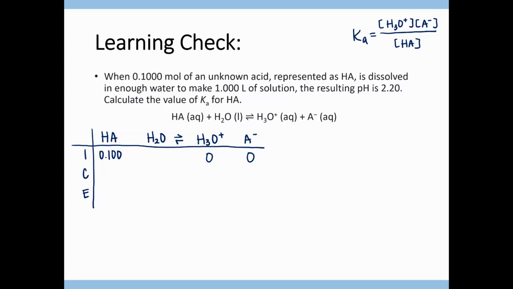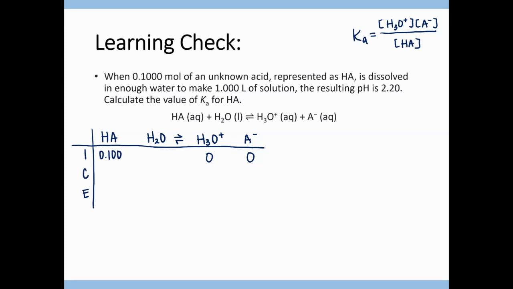Now, in reality, any water, even if it's pure water, has a really, really low concentration of H3O plus. If it's neutral, 1 times 10 to the negative 7. So we're approximating this as 0. So we're going to keep it as 0. But when that becomes relevant in the future, I will let you know. But we can assume 0 at this point.